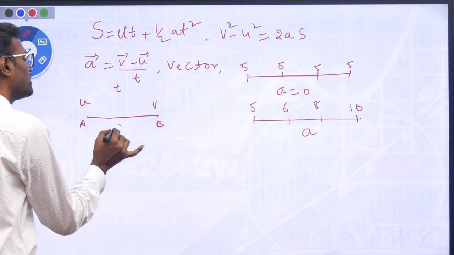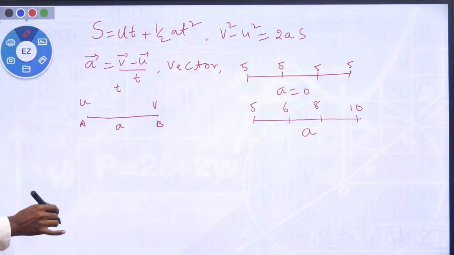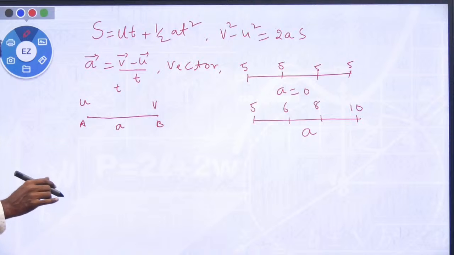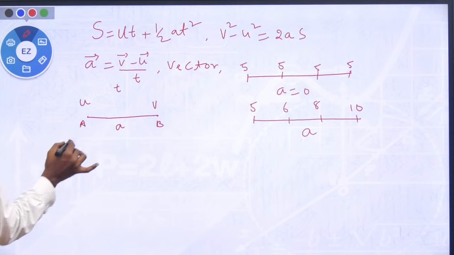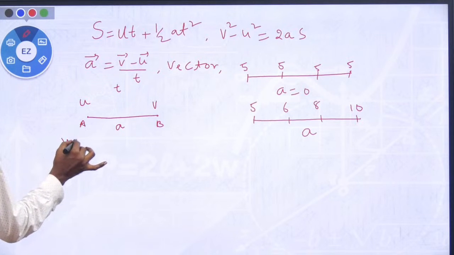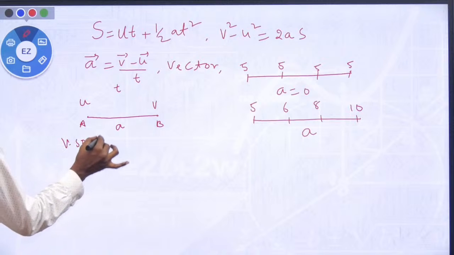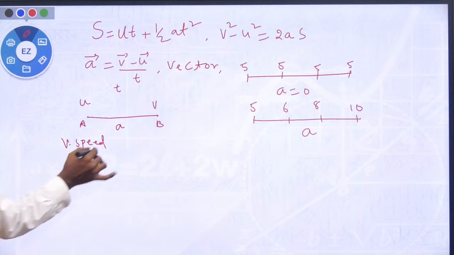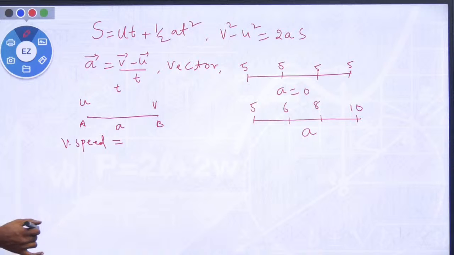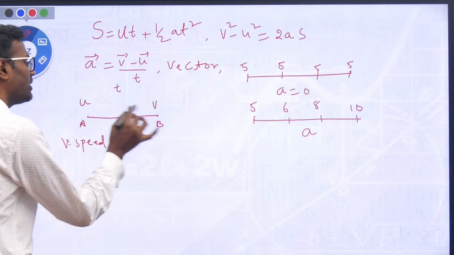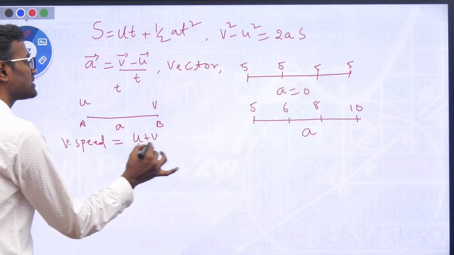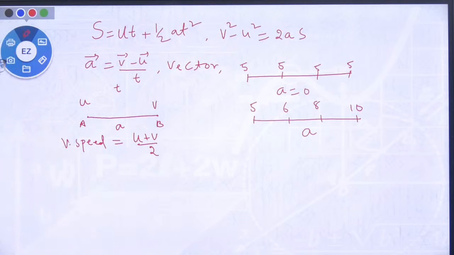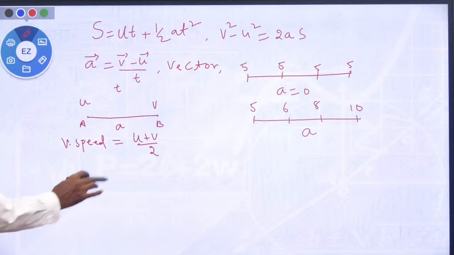If it is moving with uniform acceleration, then the average speed is equal to the arithmetic mean of these two. What is the arithmetic mean of these two? (u plus v) by 2. This is the formula.